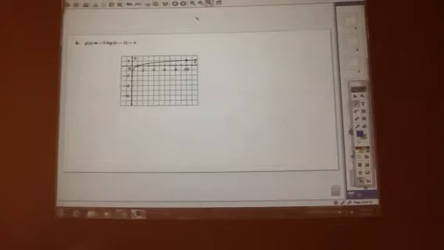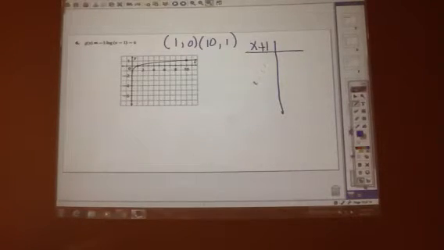Example 6. My reference points are (1, 0) and (b, 1). There's not a base here, so when there's not a base here, it's automatically 10, so (10, 1). Those are my 2 reference points. My t-table would be x plus 1.